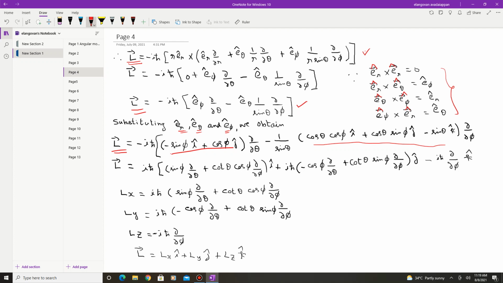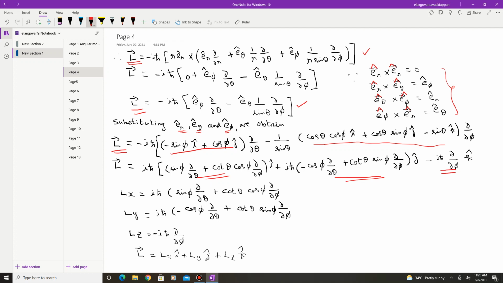This is the unit vector i, this is the remaining part, here is unit vector j, and this is another part. So the vector L may be expressed in this form.